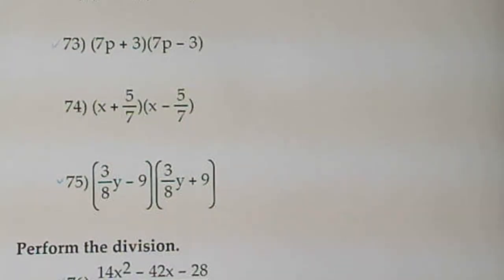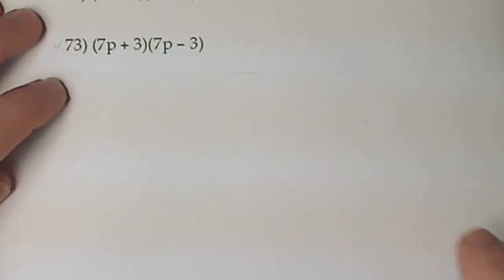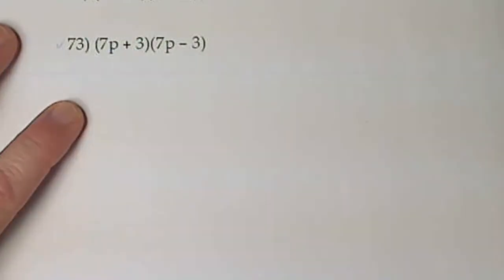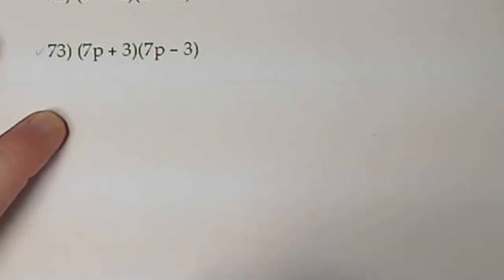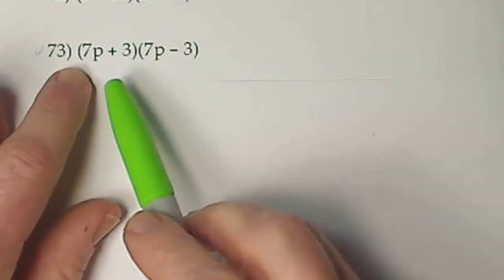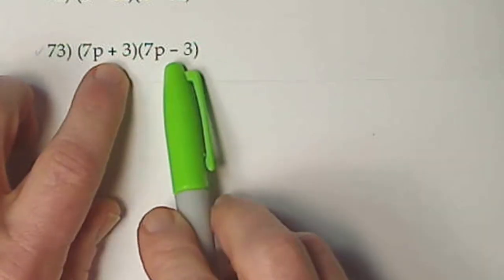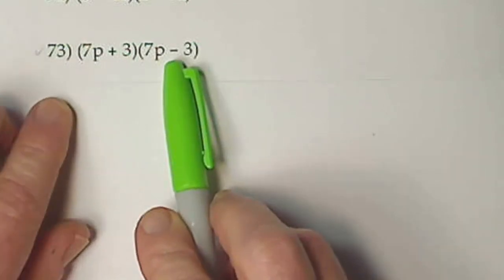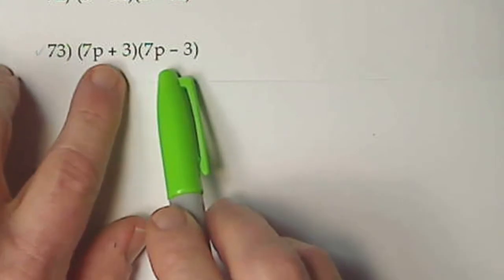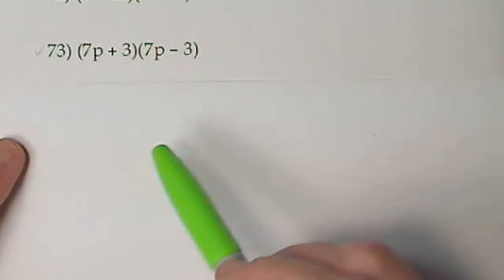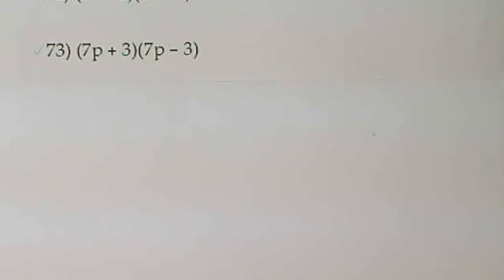Something interesting about this one is, maybe I'll zoom in a tiny bit. Notice on 73 here, you have 7p the same, and you have a 3. The only difference is this one's positive, this one's negative. You want to start noticing that, because there's a pattern that's important to observe.